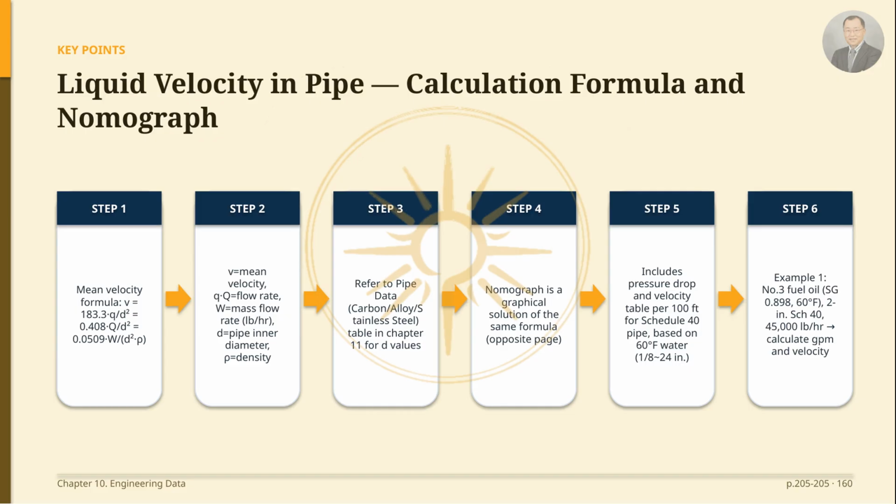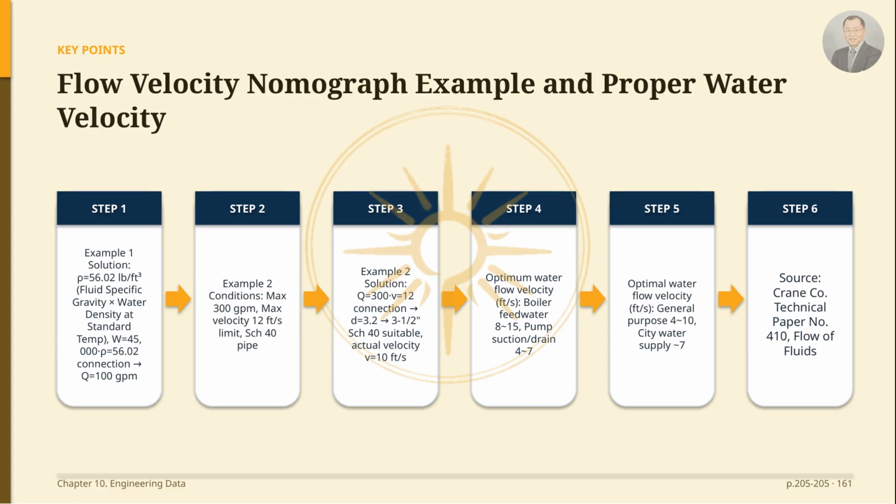tables. In Example 1, we find a flow rate in gallons per minute and a mean velocity in the pipe when number 3 fuel oil with a specific gravity of 0.898 at 60 degrees Fahrenheit flows through a 2 inches Schedule 40 pipe at a rate of 45,000 pounds per hour. I would like to introduce the velocity nomograph example and the reasonable velocities for water.